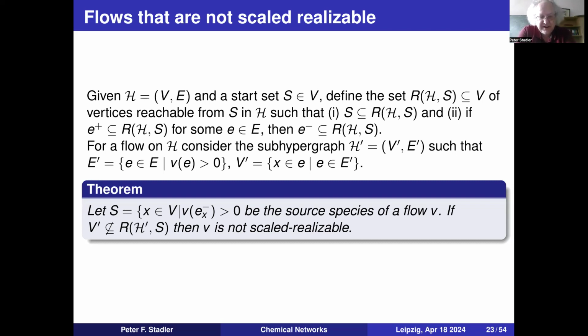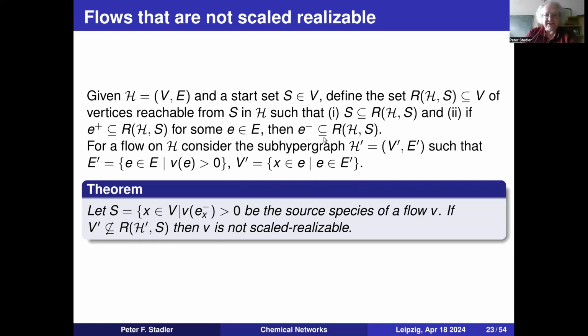Then essentially we only have to ask if all the vertices V that have non-zero flow, so if all the edges that have flow in them, consist only of vertices that are reachable, then scale realizability may hold.